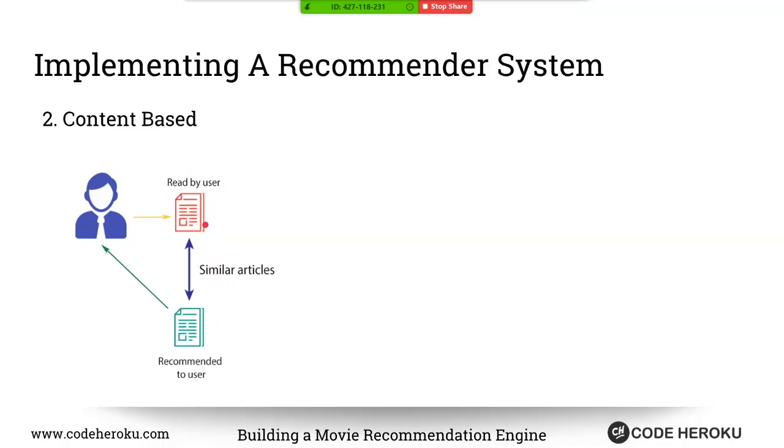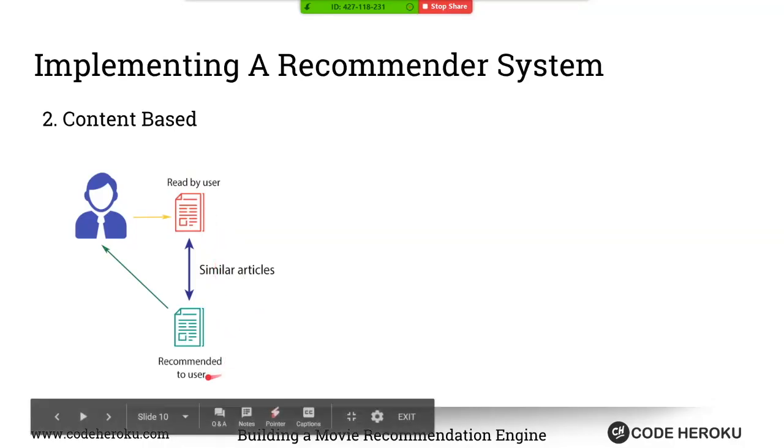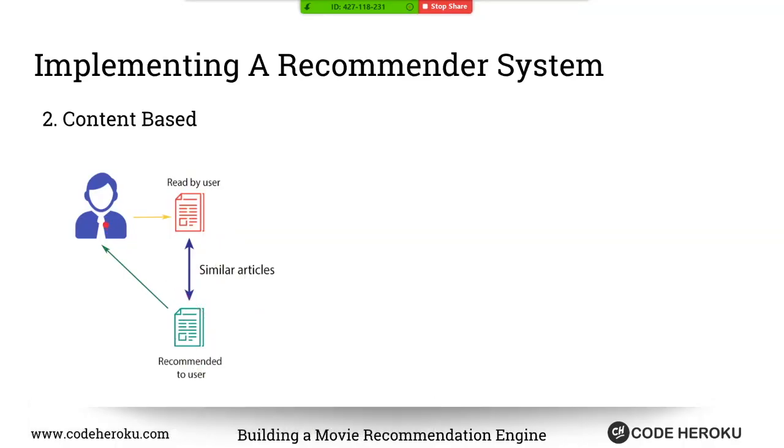Based on the content, right? You might dig into the words of these books, who is the author, what the publisher is like, or what the genre is. Based on those features or attributes, you will find other items which are similar to this item, and then recommend them back to the user.